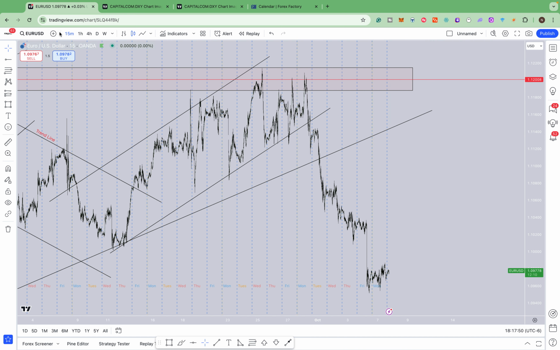So that seems pretty obvious, but nobody teaches to go into the euro index and separately go into the dollar index and analyze both of them and then compare them with the euro US dollar pair. So that's going to be the secret sauce of this video.